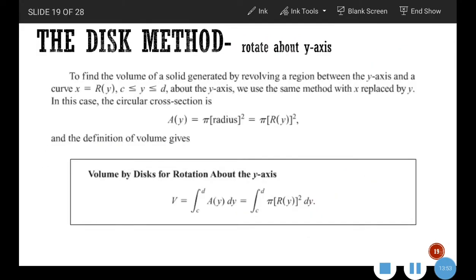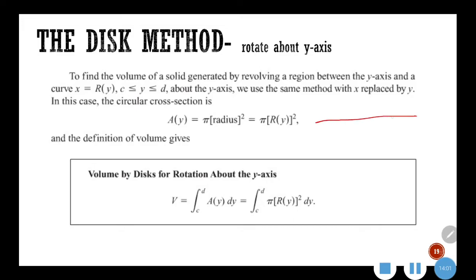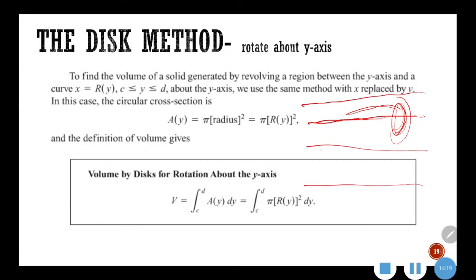Alright. Okay, so now we move to the last part that I want to discuss for today, which is the method rotate about the y-axis. Tadi kita rotate secara horizontally. Kita pusing dia along the x-axis, along the line y equals 1 tadi. Maknanya dia punya axis of rotation tu horizontal. But now, we rotate about the y-axis, meaning that we rotate it vertically, about the y-axis or about the line x equals to something lah.